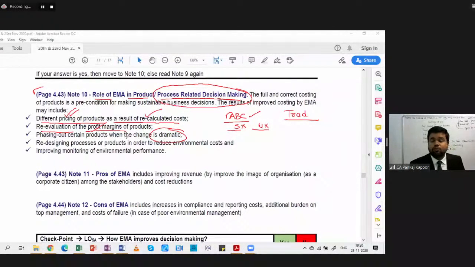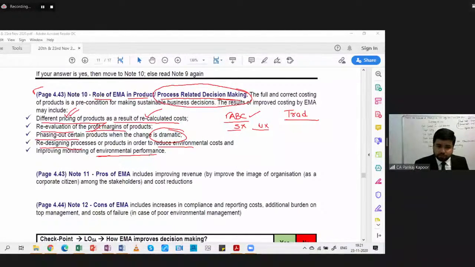The product which you feel is profitable, after you include the environment cost which you incur due to that particular product, you find that the product is not profitable. It is a loss-making venture and you phase out that particular product. And not only this, you need to redesign your processes so that environment cost and environment impact can be reduced, which will enhance the performance of the organization from the perspective of the environment.